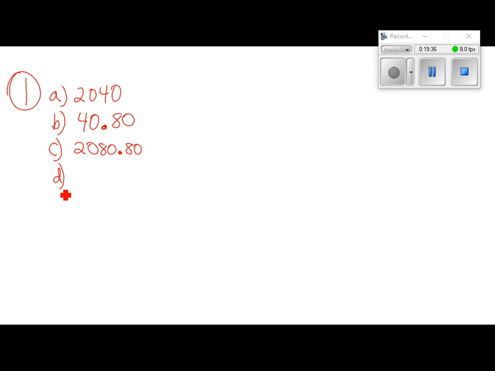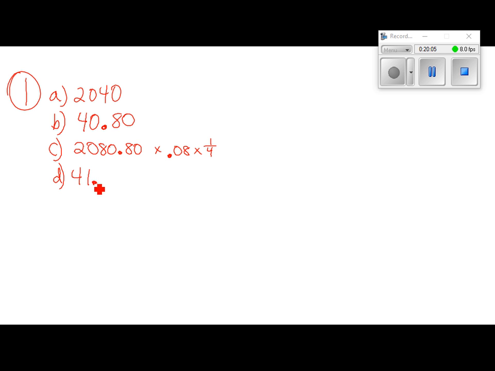D, they want you to find the interest for the third quarter. So to find that interest, you're going to take this answer times, what was the percentage rate again? So that times 0.08 times 1/4 again. 41.62.